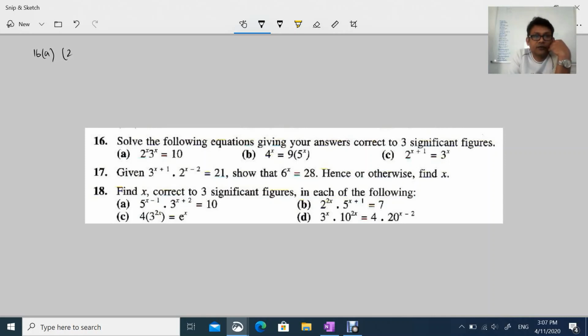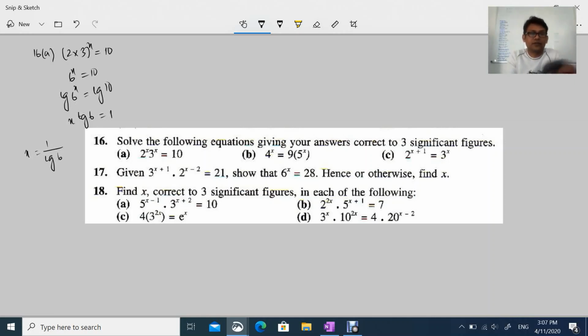We can write 2 into 3 whole power x equals 10. 6 power x equals 10. Now we can apply lg on both sides. And lg 10 is 1. So x is here. x lg 6 is equal to 1. And finally x is equal to 1 upon lg 6.